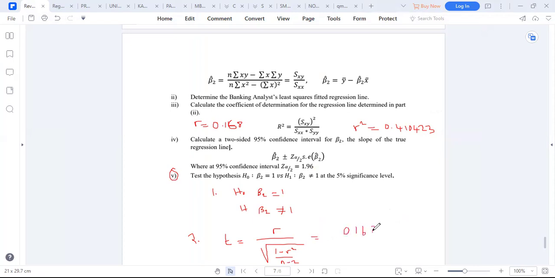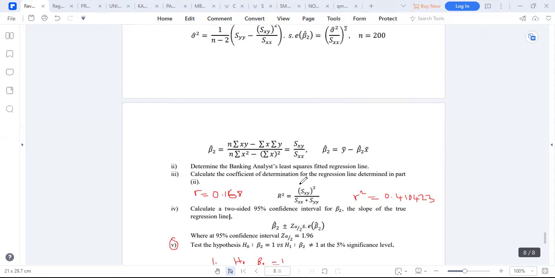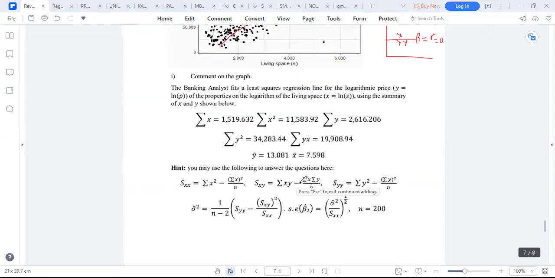So our R is what? 0.168. And our R squared was what? 0.41423. Our N, what was our N in here?